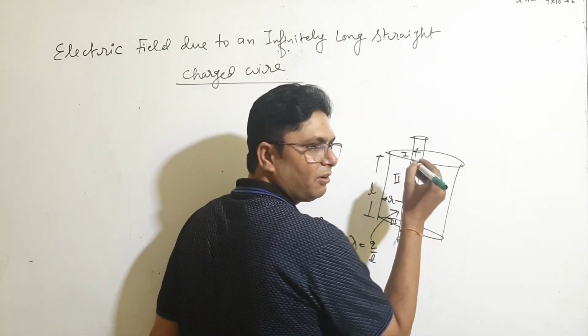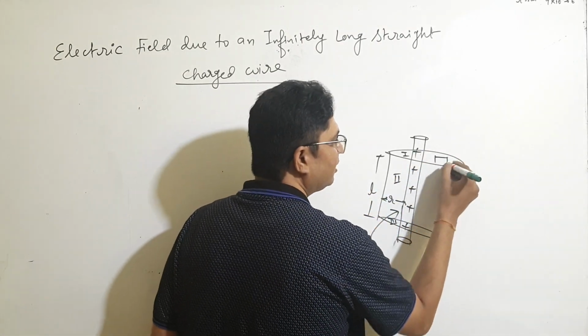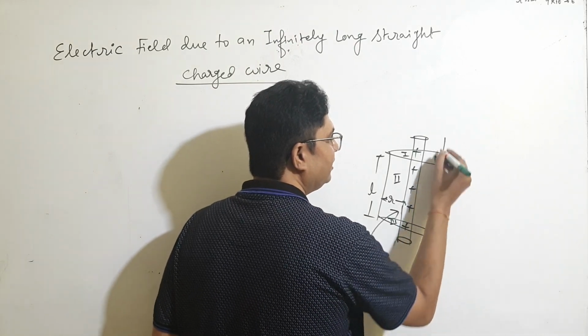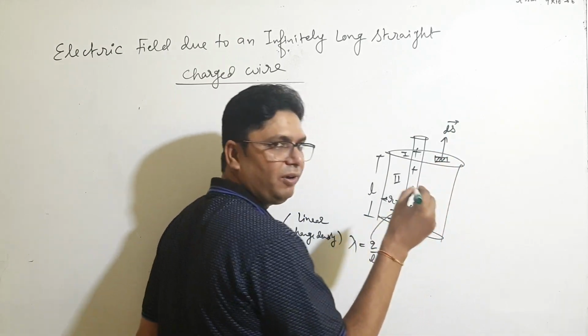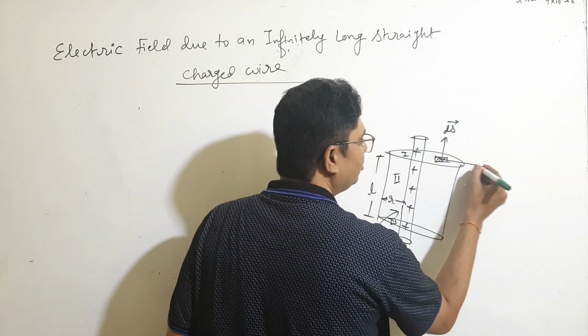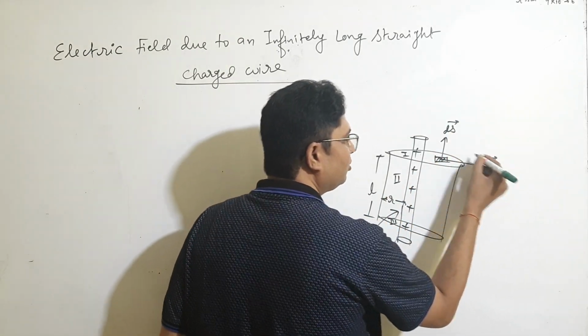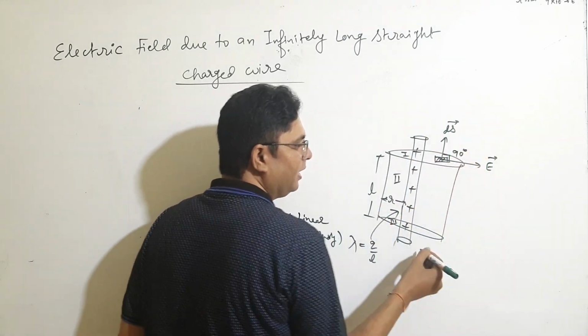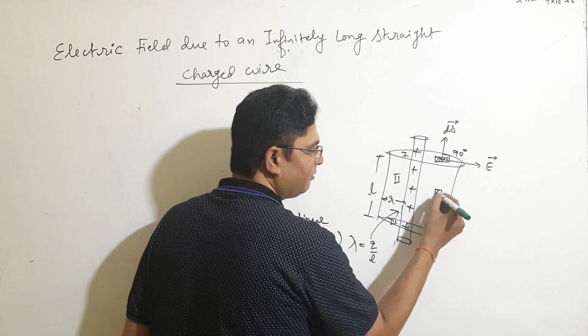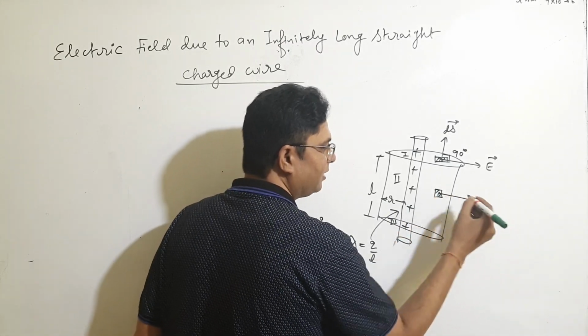Now on the top surface, let us take a small surface area known as ds. So it is pointing upward, ds, and electric field is towards x-axis. So this will be electric field. ds and electric field are at 90 degree angle. Let us take another surface on the second surface.